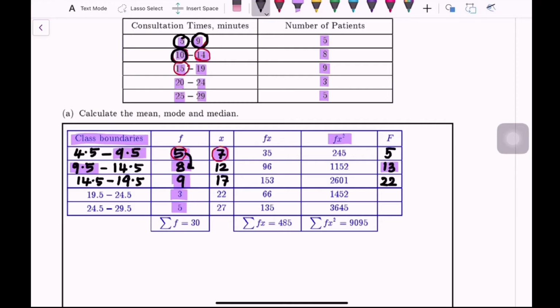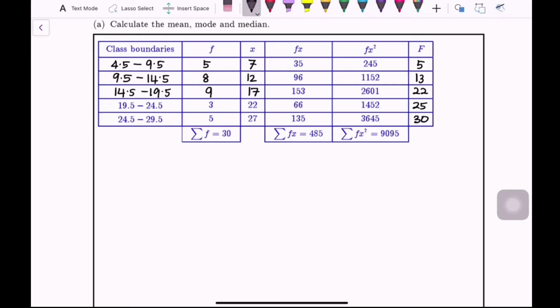Then 22 plus 3 is equal to 25. And 25 plus 5 is equal to 30. After we fill in all the values in the table, we total up f: sum of f. Then sum of fx. And last, the total of fx squared, sum of fx squared.